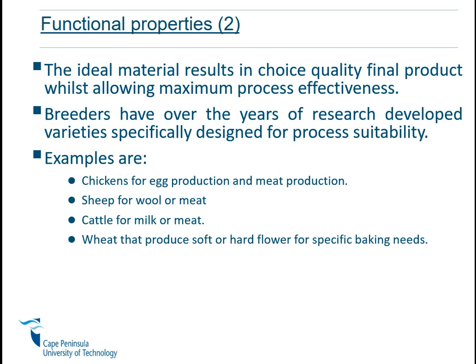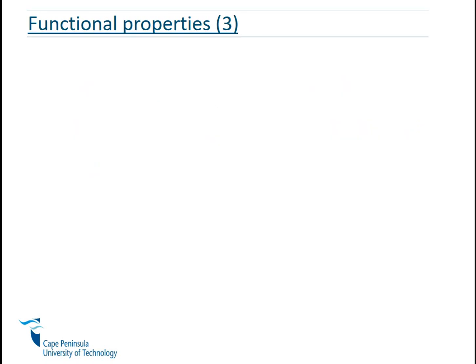We also have sheep that are bred for wool, and some specifically for meat. Same with cattle. Then we also have wheat that is grown specifically to produce soft or hard flour for specific baking needs. So let us investigate each factor.